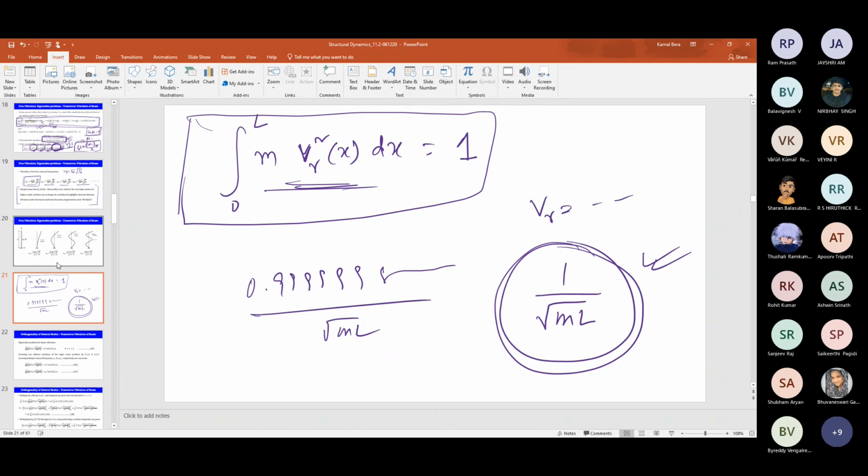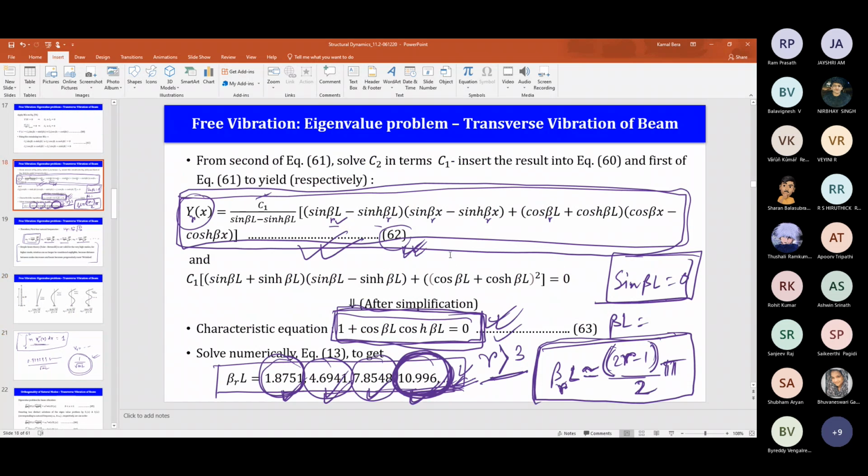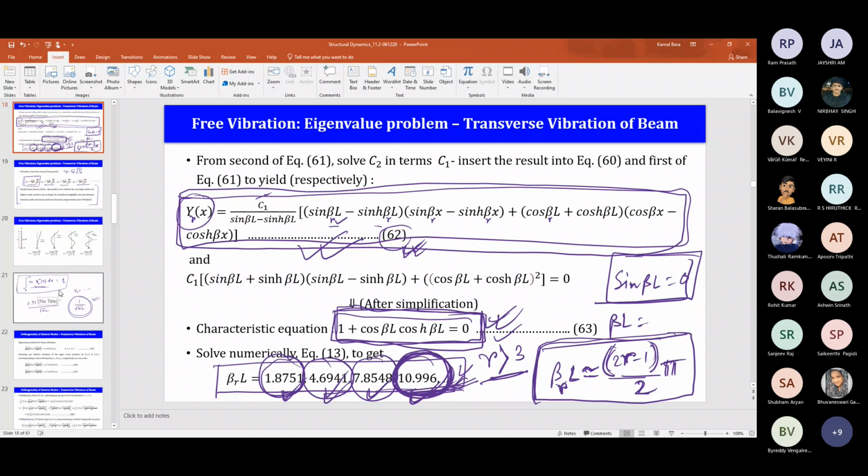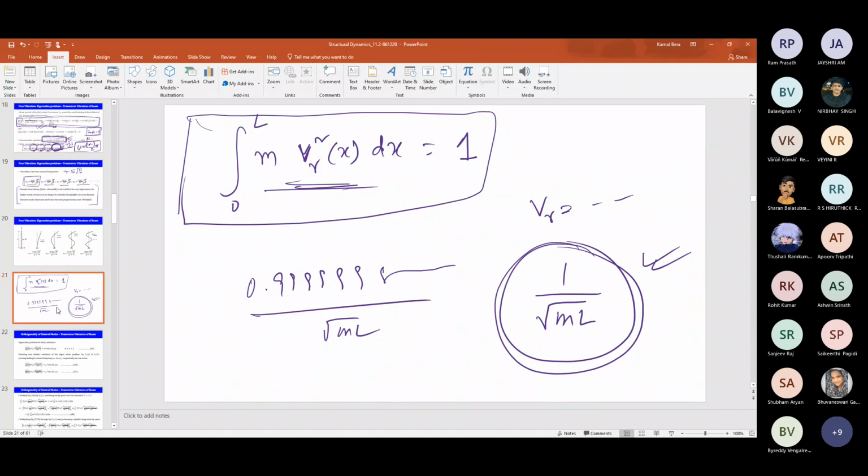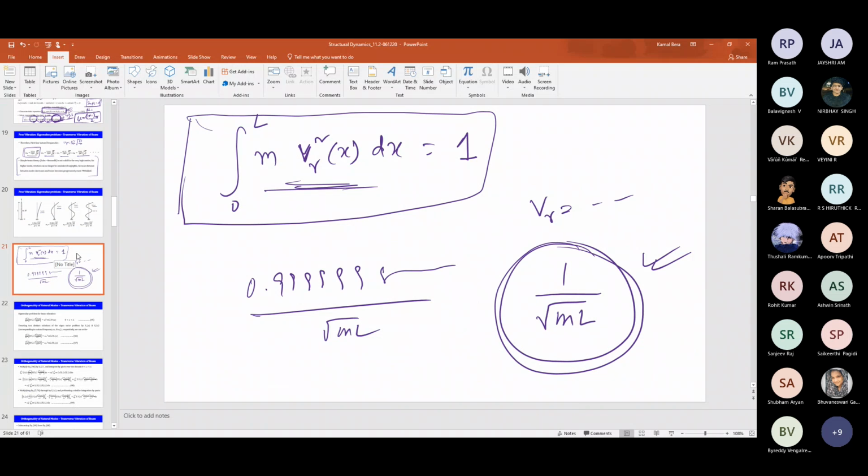But I have used one particular expression, and depending on whether you substitute C1 in terms of C2 or C2 in terms of C1, the expression could be different. The expression I used gave me 1 by root over ml, you might get something else.